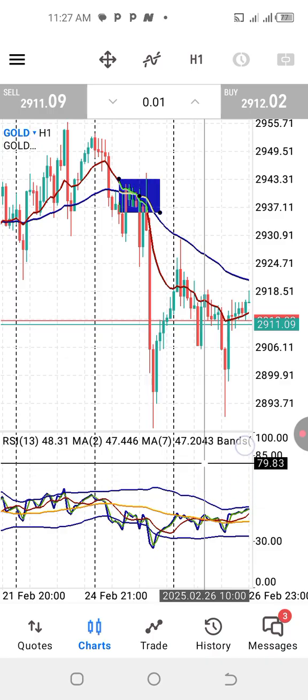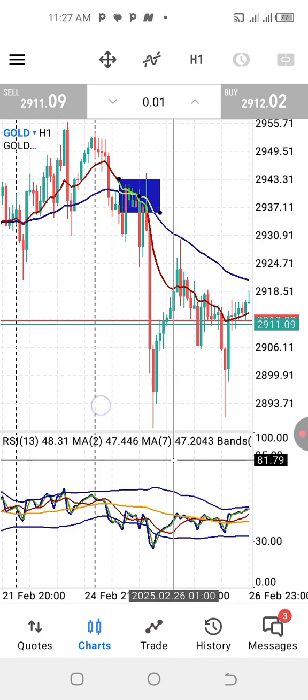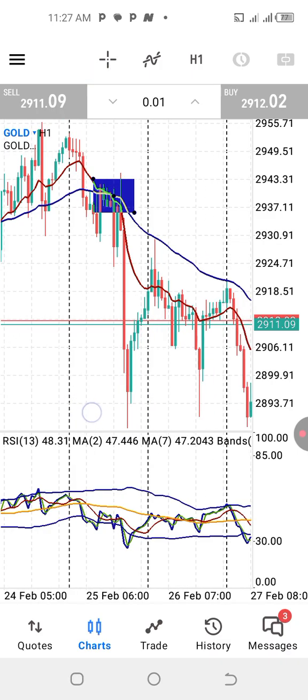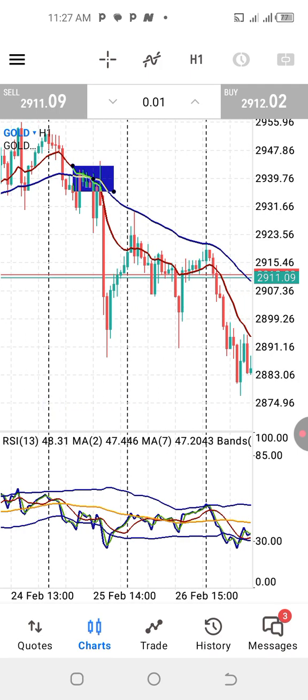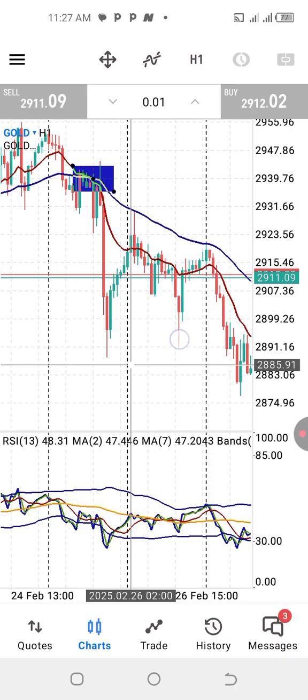So let's come here. Here was our entry. This line crossed the yellow line to the downside. Of course, it ranged a bit, but this was our entry. Are you seeing? Our entry was right here.